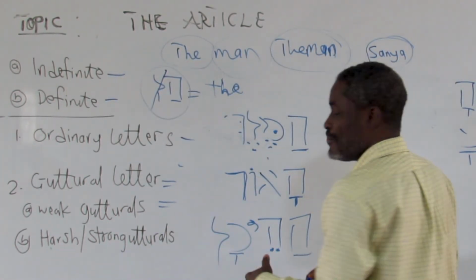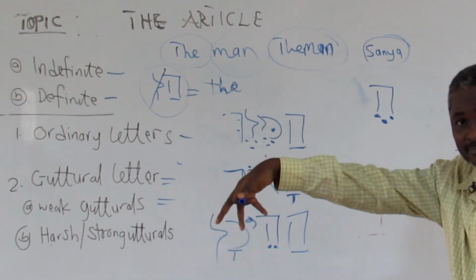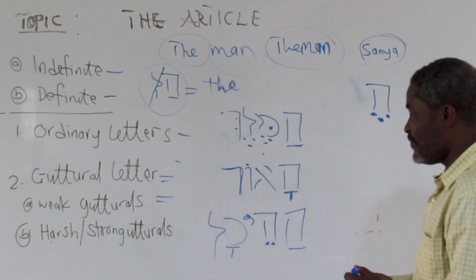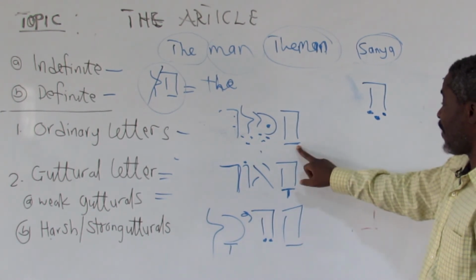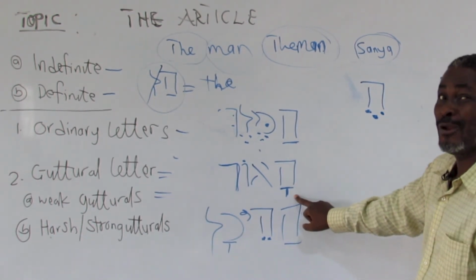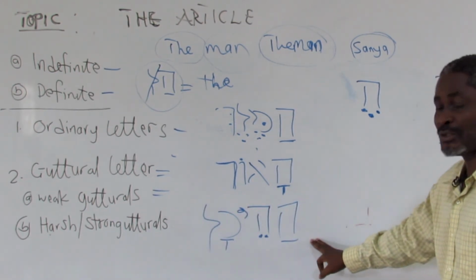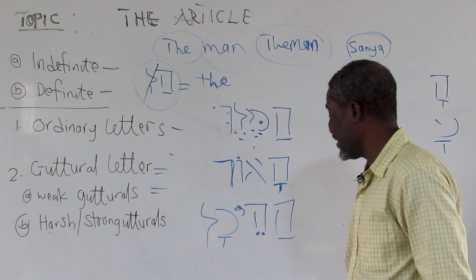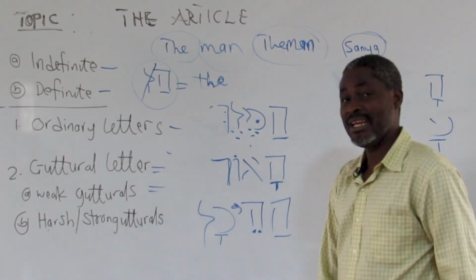If it follows an ordinary letter, you put a dagesh forte in the letter that follows to double it to compensate for the lamed. But if it comes to the guttural, you just elongate the vowel under it to kamets, a long vowel, for a weak guttural. But for the harsh gutturals, it simply remains a pata, and you don't have to compensate by putting a dagesh forte in the letter that follows.